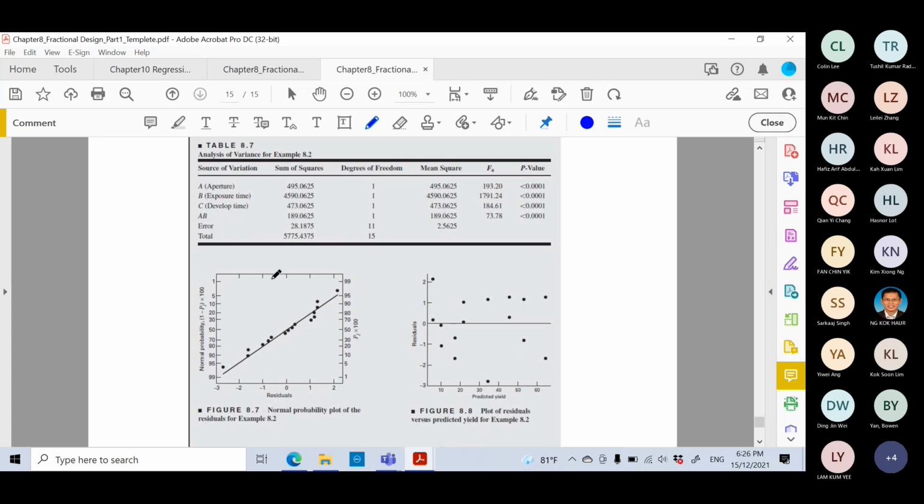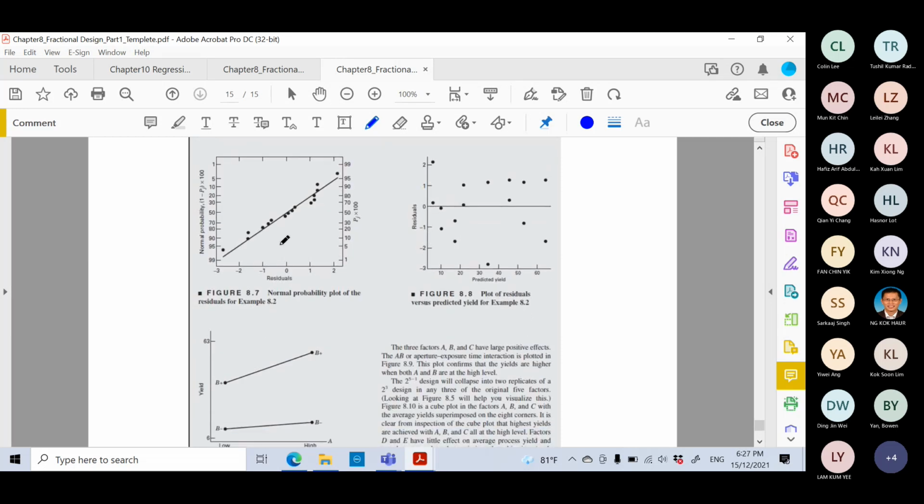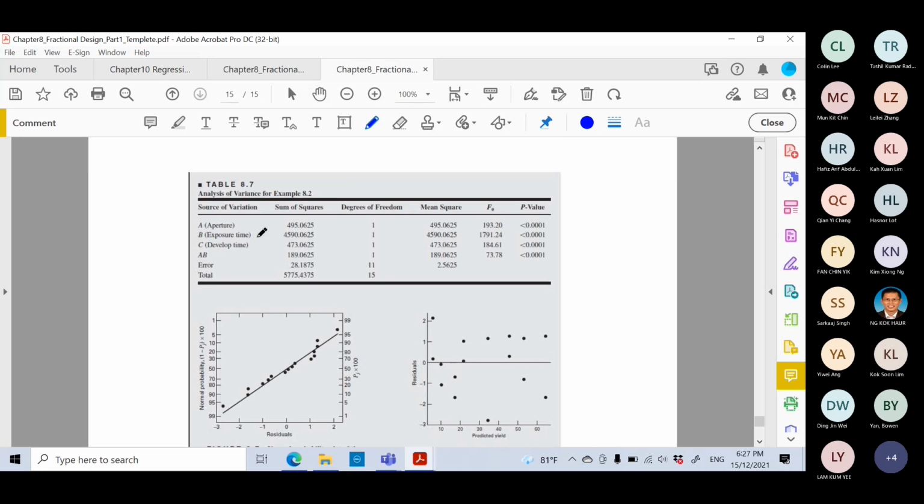The first one is plotting the normal probability plot to check the residuals, and the second one is checking for constant variance. From the plots here, the results are still acceptable. Therefore, we can consider that our analysis fulfills the assumptions of normality, constant variance, and independence.